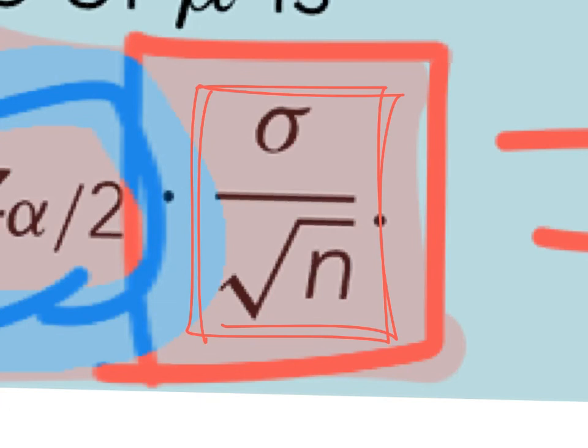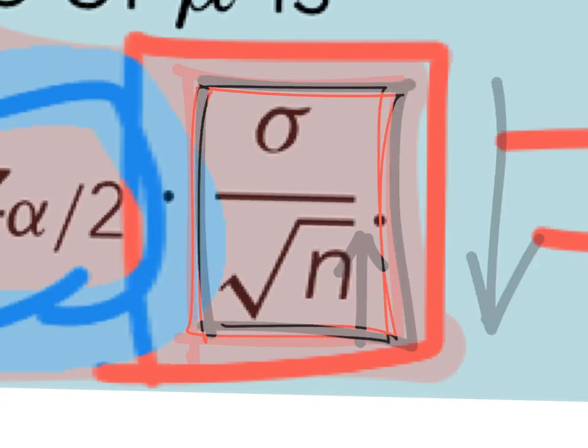Here's a ratio. If I want to make it smaller, how? Larger n. Take more sample size. If I make the denominator bigger, then the ratio gets smaller. Does it make sense? Very simple.